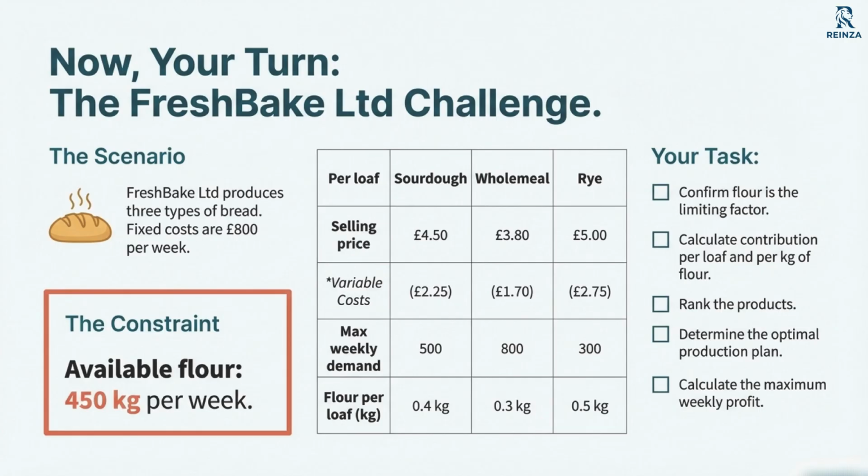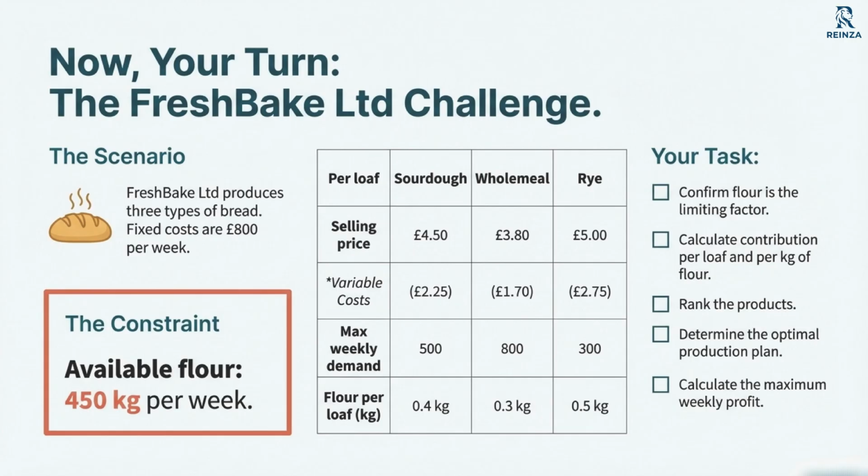Let me introduce Fresh Bake Limited, an artisan bakery that produces 3 types of bread: sourdough, wholemeal, and rye. Sourdough sells for £4.50 per loaf. Variable costs total £2.25, giving a contribution of £2.25 per loaf.